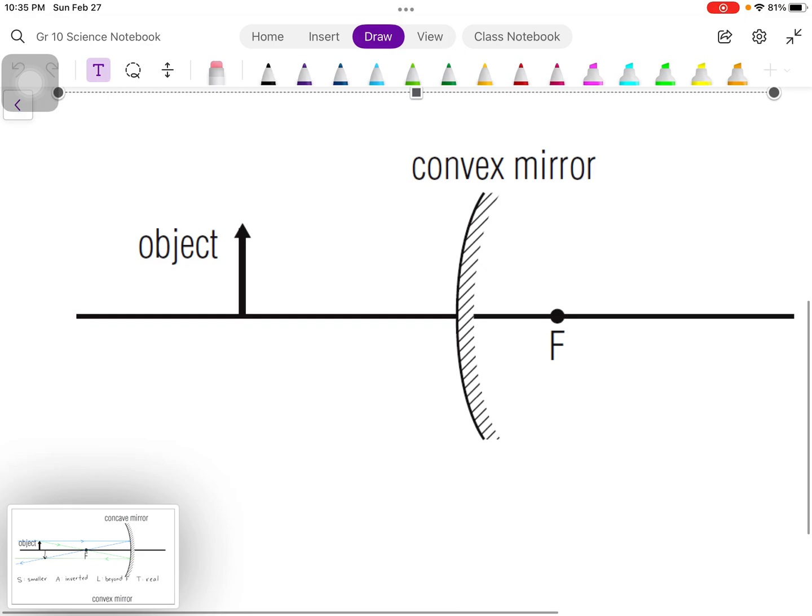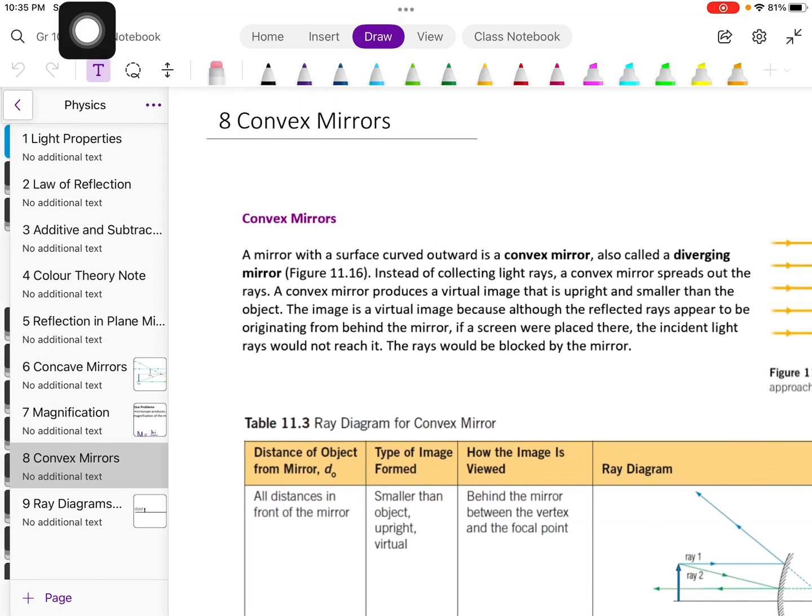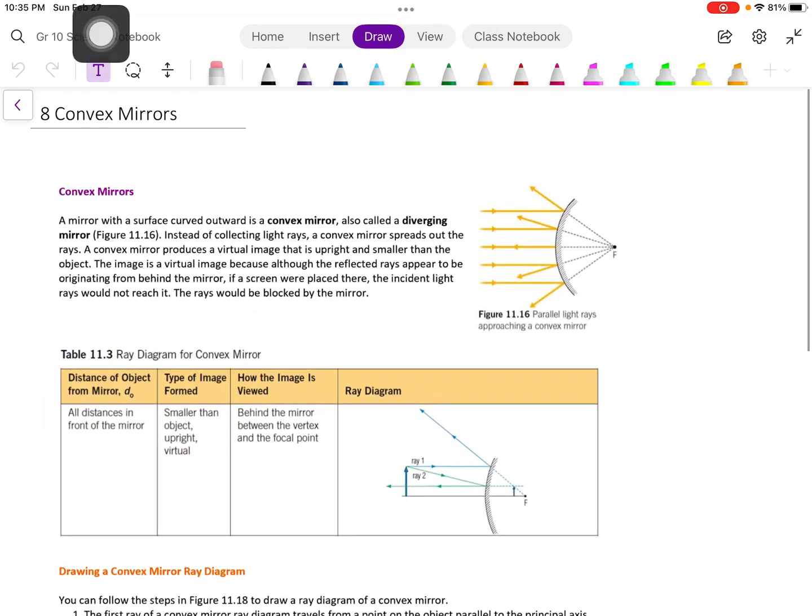So convex mirrors, these we haven't talked about, but the curve goes in the opposite direction to concave. These are also called diverging mirrors, and it's because the reflected rays actually diverge or move away from one another.